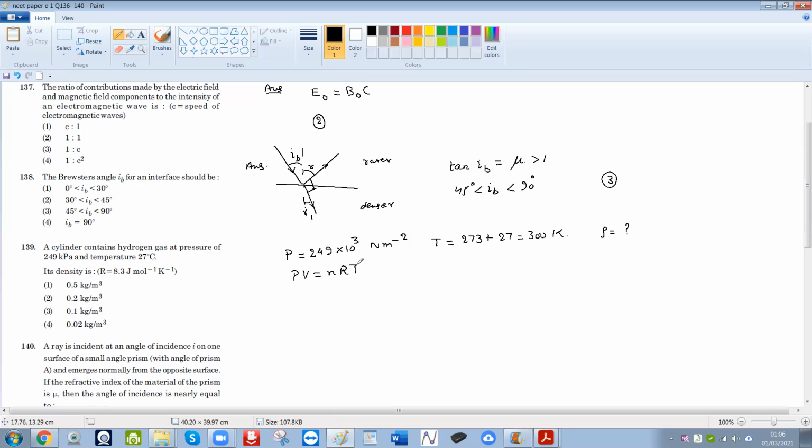T absolute temperature, R being the universal gas constant. Now, number of moles will be equal to mass of the gas in grams divided by molecular mass, let us say that is also taken to be in grams.